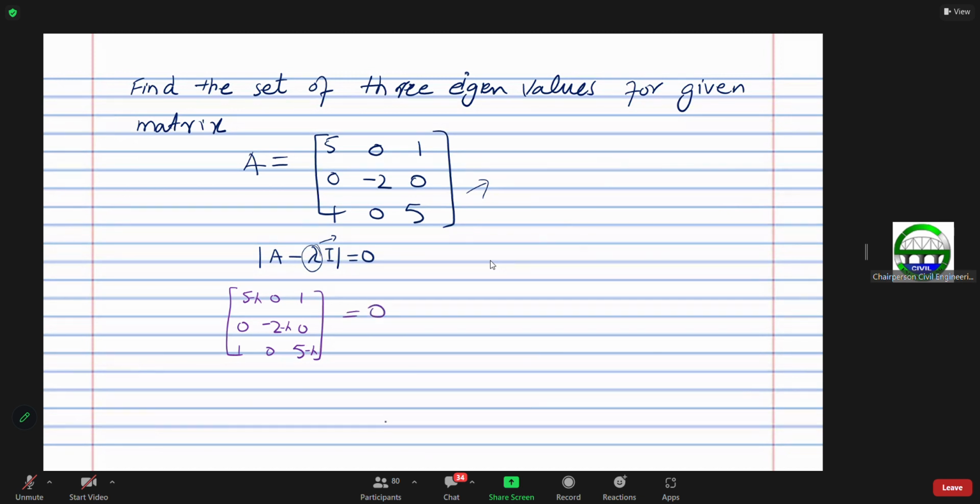Okay, so one student got the values minus 2, 6, and 4. Lambda is minus 2, 6, and 4. Any other student? Any other student?